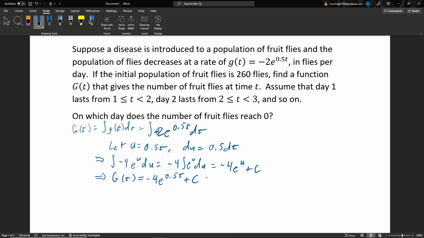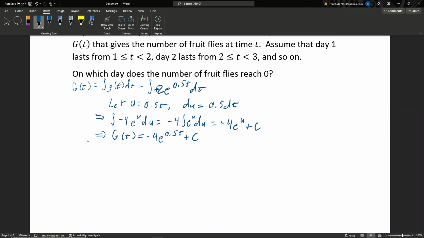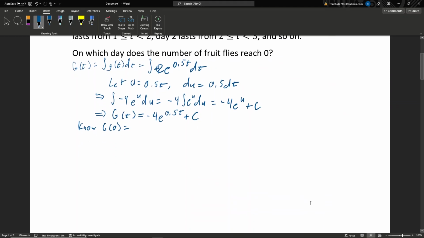So this would be the population function, except we don't know what c is yet. To do that, we use the fact that we know the initial population of fruit flies is 260. So we're going to use that to solve for our constant of integration, because we know the population at time 0 was 260.